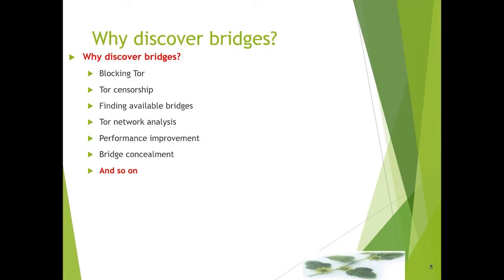Although Arma presented 10 possible ways to obtain bridges on Tor's official website, he did not describe the bridge acquisition methods in detail. In this paper, a brief survey of bridge discovery with respect to bridge categories and discovery schemes is conducted.